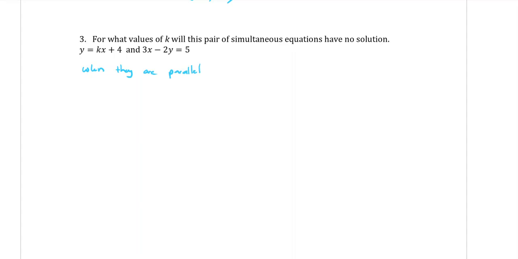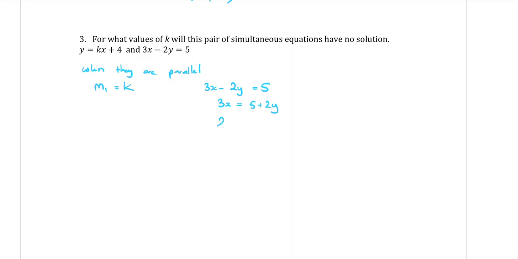Now that means I need to look at the gradients of those two lines. The first one, y equals kx plus 4, the gradient of that is going to be k. The second equation, which was 3x minus 2y equals 5, we have to rearrange that to find out what the gradient is. So let's make the 2y positive, 3x equals 5 plus 2y.